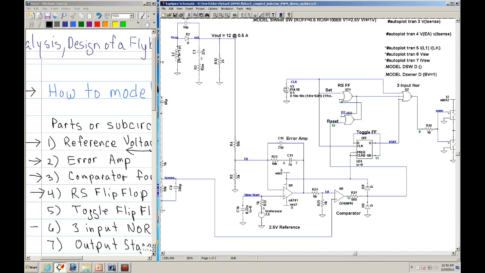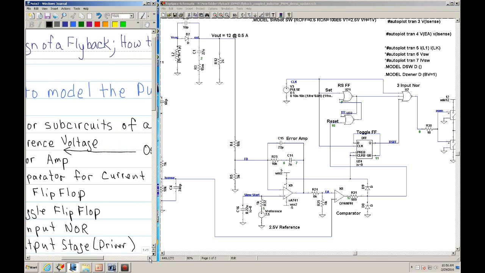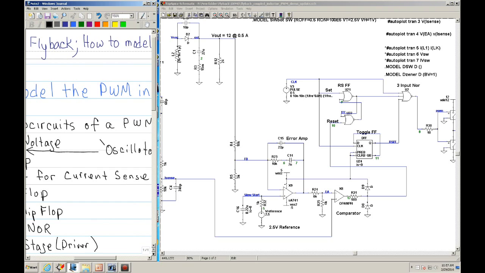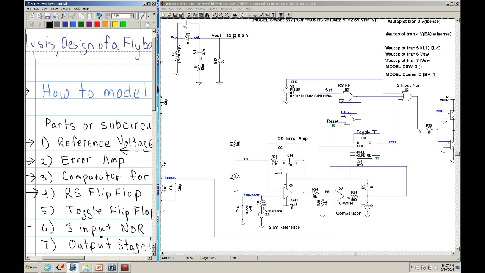So that's the clock, and that covers that part. We've already covered this leg of the 3-input NOR, and that's another subcircuit, which we'll discuss. We also look at the top leg of this NOR input, and if you notice, it goes to your clock.